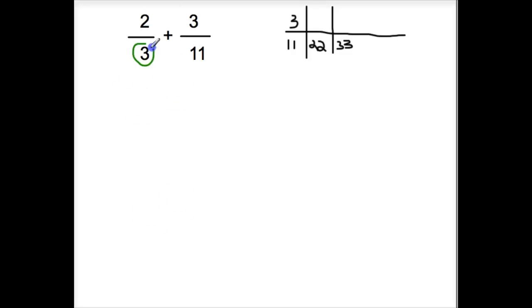So with the denominators 3 and 11, I'm going to multiply this side of the fraction by 11. And I'm going to go 11 times 2 and 11 times 3 for my denominator because I have to multiply my numerator and my denominator to keep it an equivalent fraction. So 11 times 2 is 22.